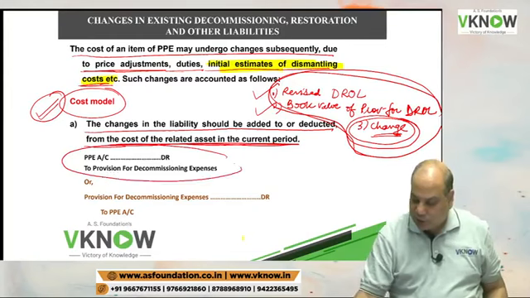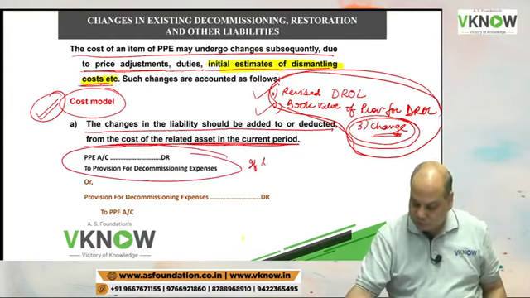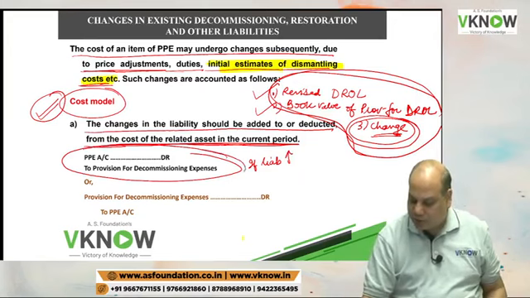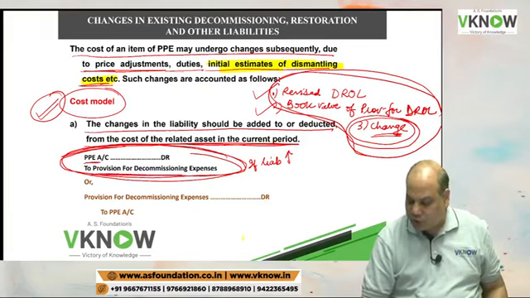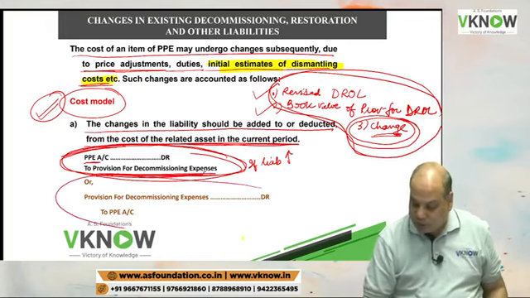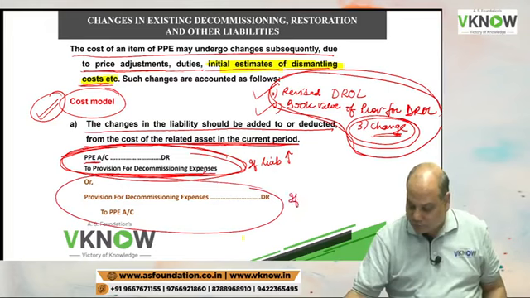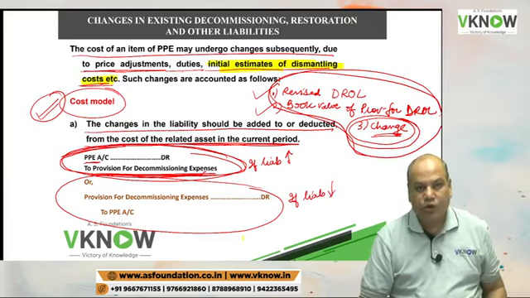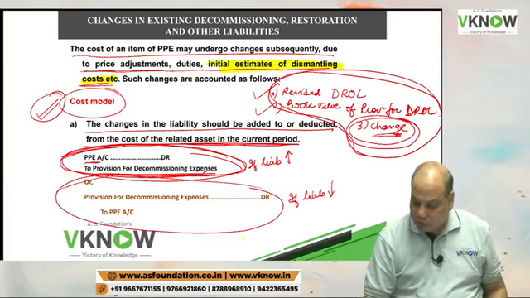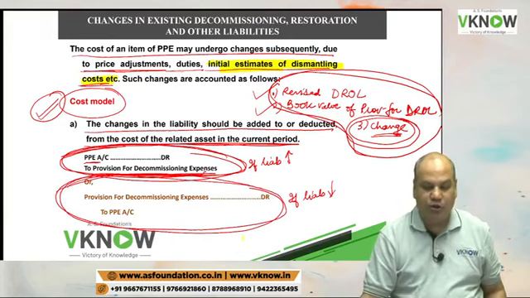So if the liability increases, you will record this entry: PPE account debit to provision for decommissioning expense. But if the liability decreases, you will pass the entry: provision for decommissioning expense account to PPE account.